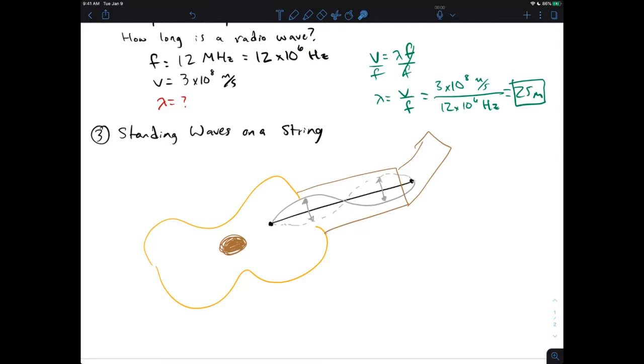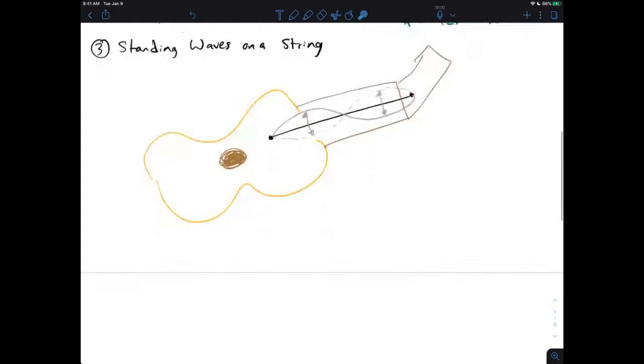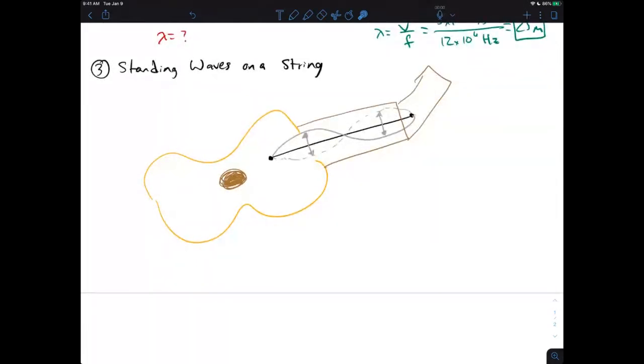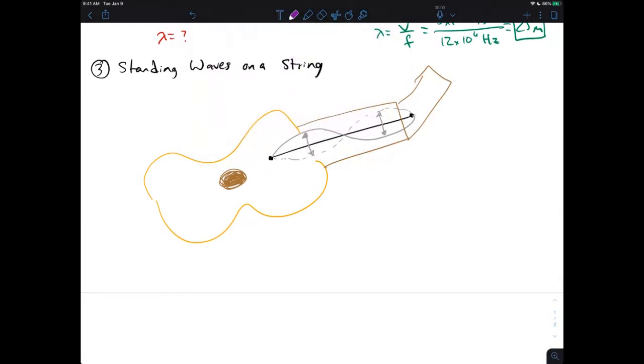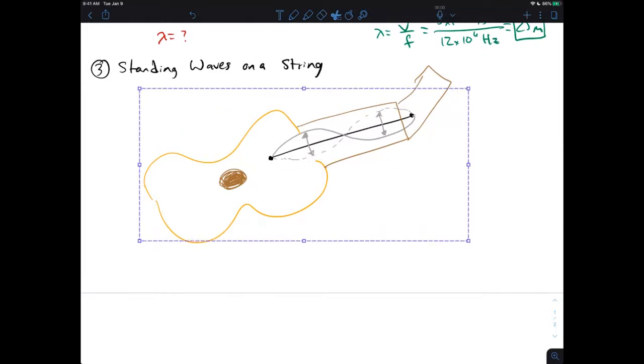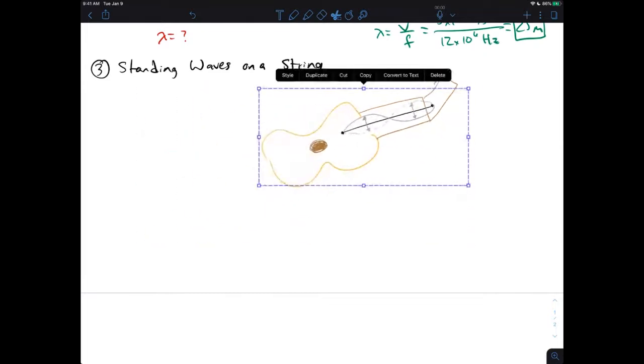So all we're going to do is look at what the different parts are that affect the note that comes out when we play this thing.